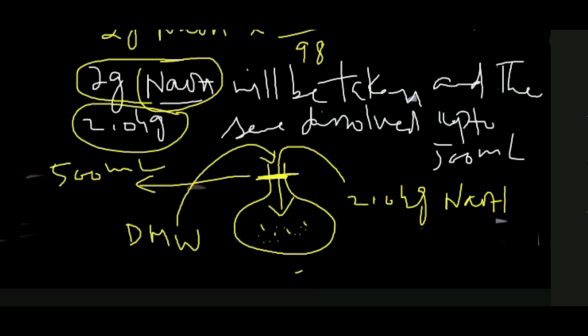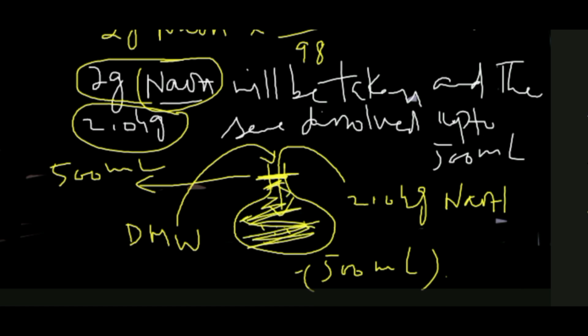This is a flask of 500 ml, so it will be filled up with the DMW to the mark of 500. Now in this way you can prepare the molar solution of caustic soda and other salts, acids and bases.